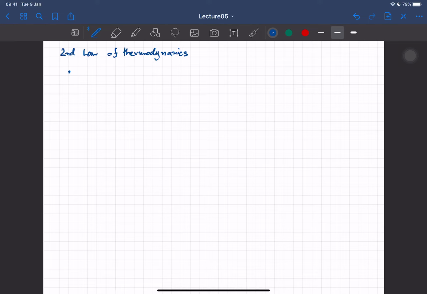In order to talk about the second law, we have to talk about a new concept, which is called entropy. But before we talk about what it means, let's just say what the second law is. The second law says that the entropy of a closed system cannot decrease.